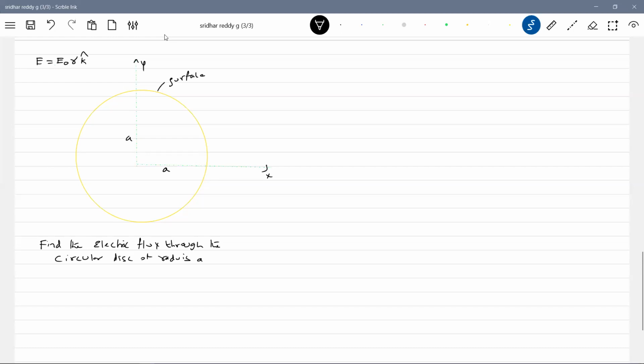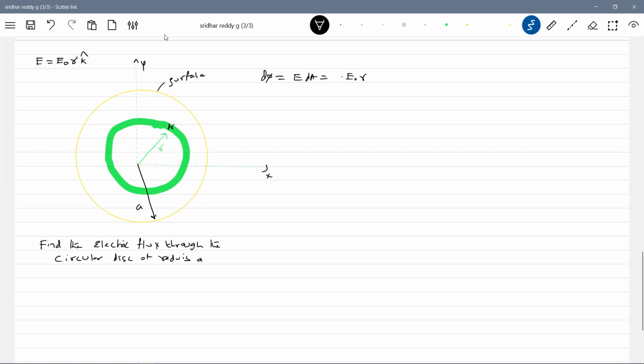Okay, what is the elemental structure? I think I'll go for a ring of radius R and width dr. Width of this ring, let it be dr. So then flux linking that elemental one, d phi is equal to E into dA. So what is E?